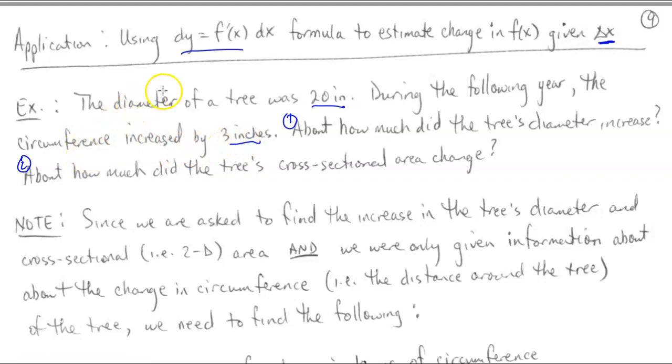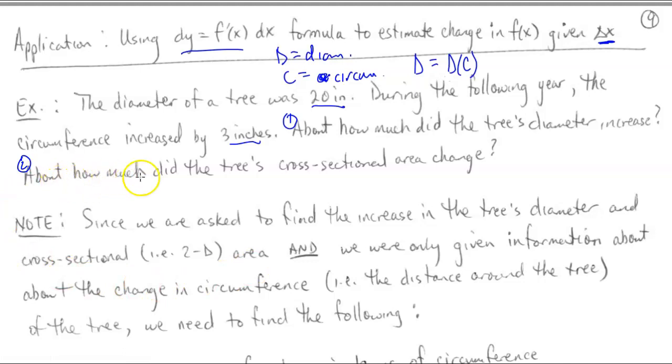But what we need to find out is the diameter. So what we need to be able to figure out is, if D is equal to diameter and C is equal to circumference, then we need to figure out somehow how can diameter be a function of circumference, okay?